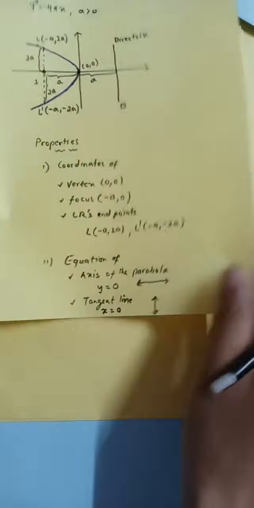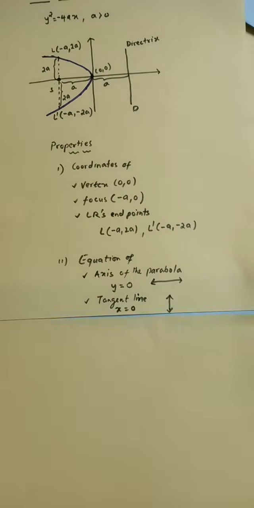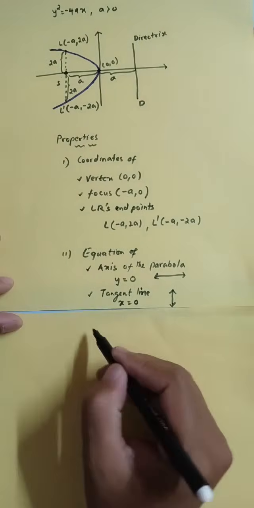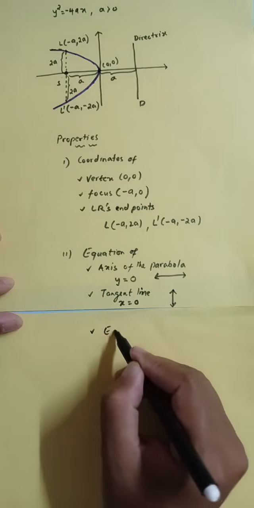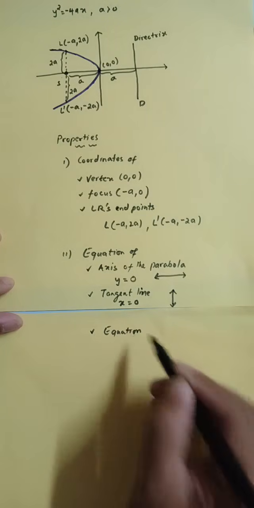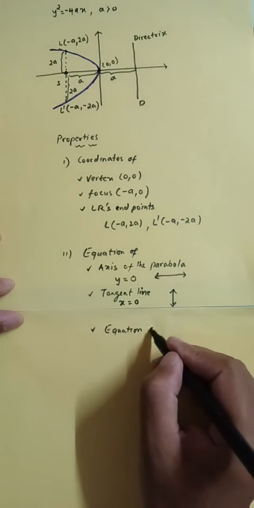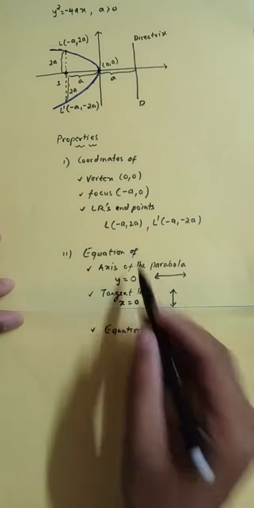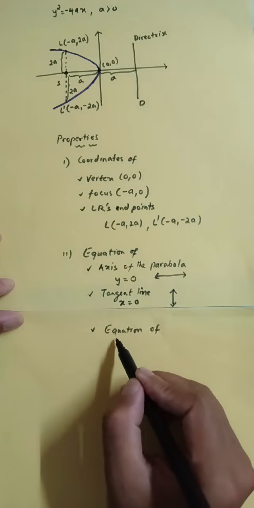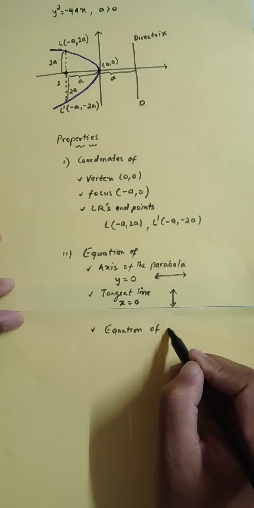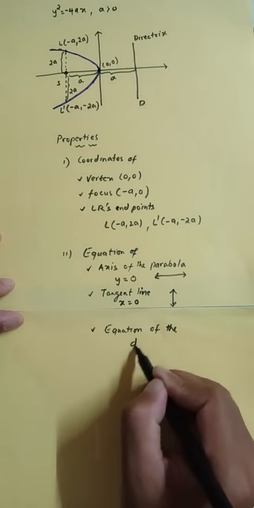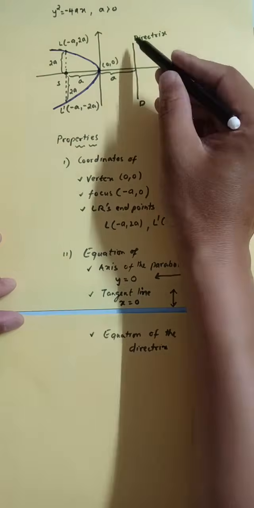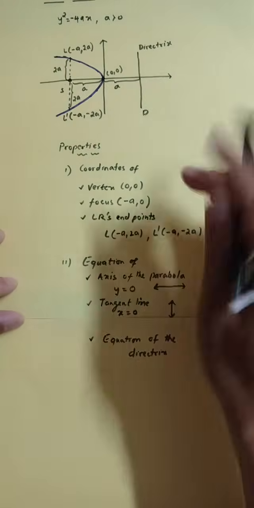And then next we have the equation of the directrix. We have only one directrix. This is my directrix, and directrix is a line.